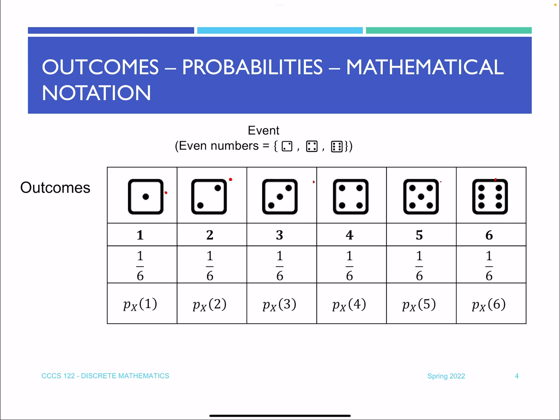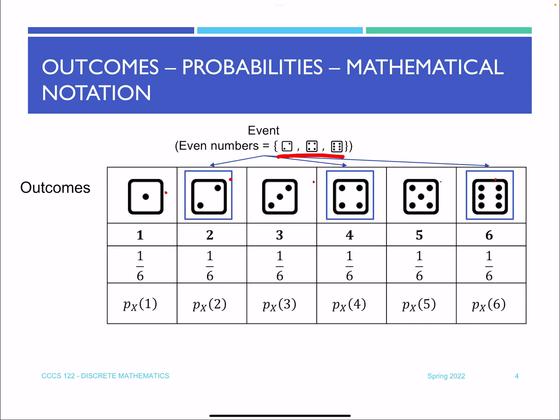And in that case, the event even numbers would contain basically these three outcomes that we see: 2 dots, 4 dots, or 6 dots on the face of the die that comes up on top. So outcomes can be corralled, can be put together to define events.